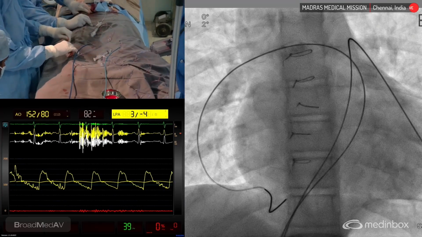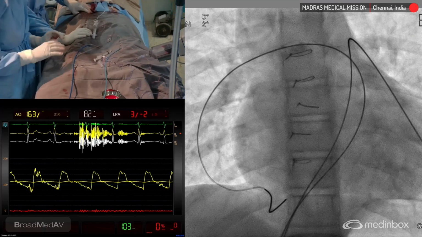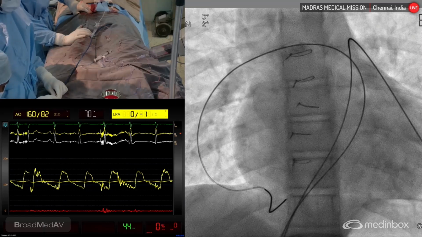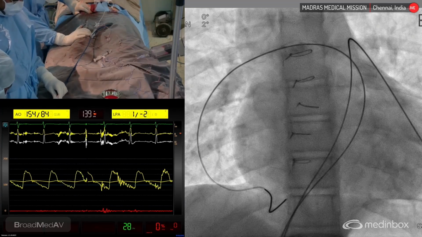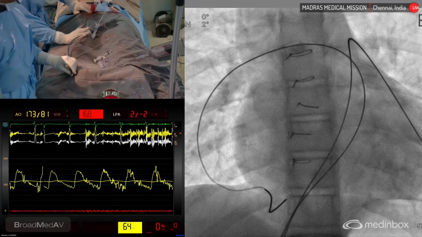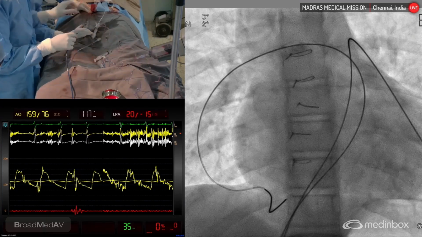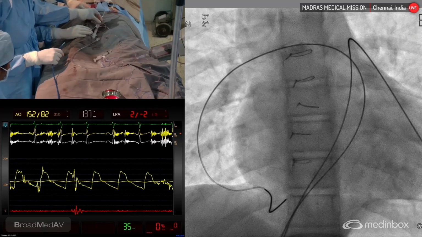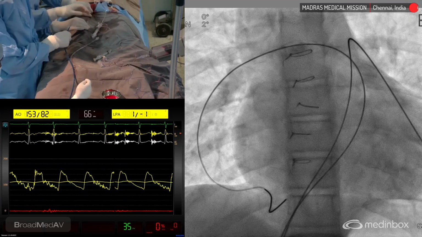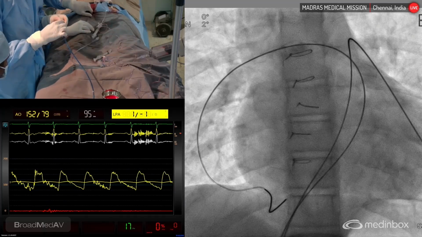So one of these wires, hold it. One of these wires.